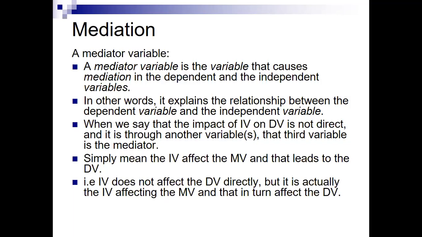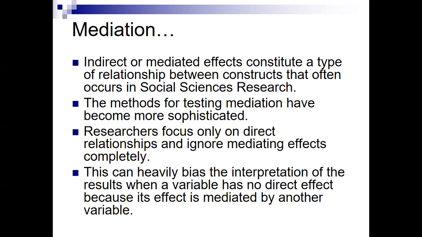So using that analogy, you can see even in concepts and variables and factors in research, we normally have variables that are mediators. They are carrying effects between other variables indirectly. Okay, that's the idea there. So indirect or mediated effects constitute a type of relationship between constructs that often occurs in social science research.